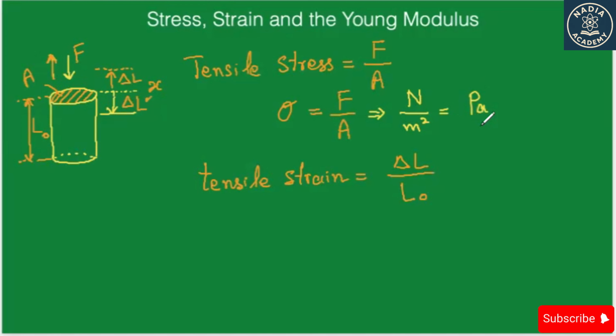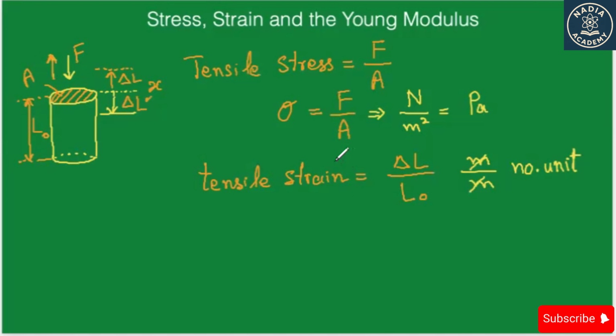So you can also understand here that it is actually the pressure. Now, what will be the units of tensile strain? We have the change in length, which will be in meters, and the original length L naught, which will also be in meters. So meter cancels with meter, and we can say it is unitless. So no units for the tensile strain.